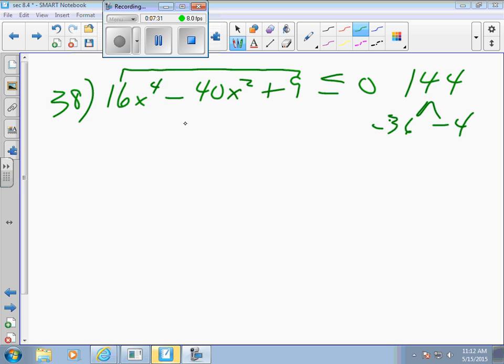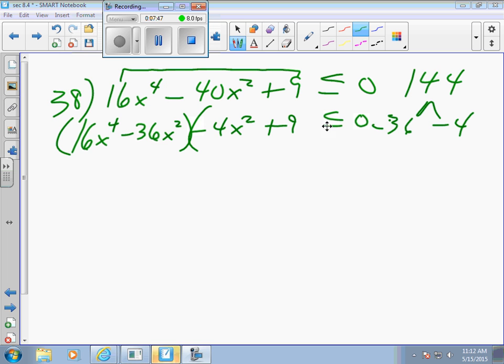So the factors would be negative 36 and negative 4. Let's split our middle term into negative 36x squared, negative 4x squared plus 9. Group the first two together, group the second two together, put a plus sign in between.